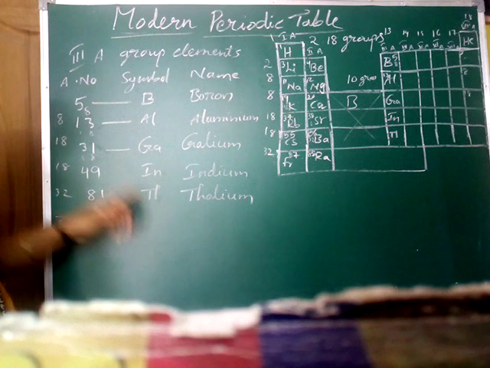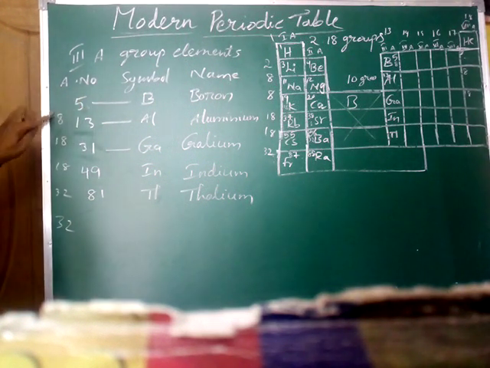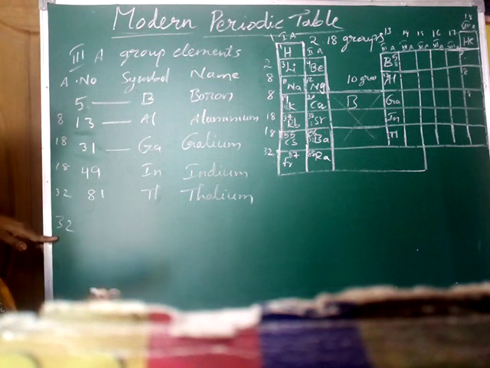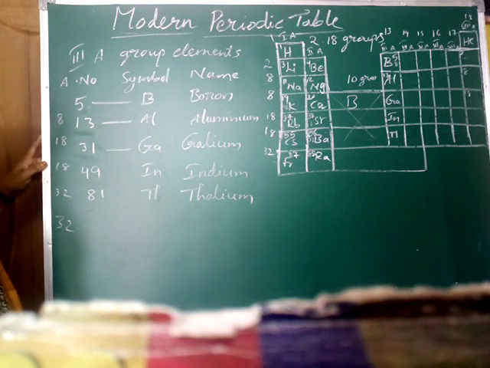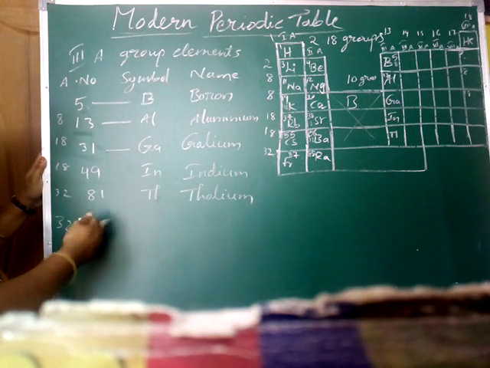Okay, do you understand? How will you get it? 8, 18, 18, 32. Then no need to remember that. Easily you can write the atomic numbers of the next ones.